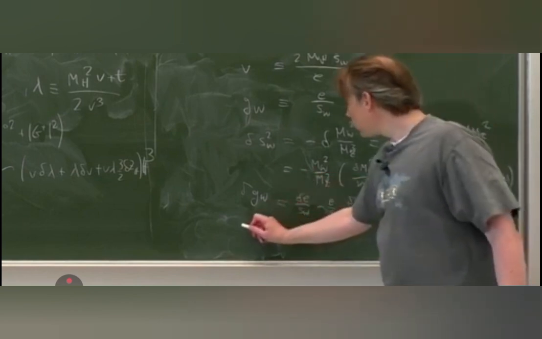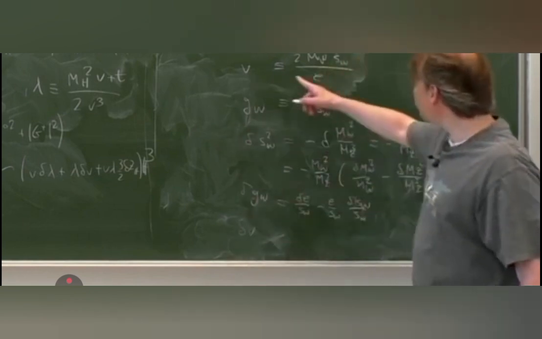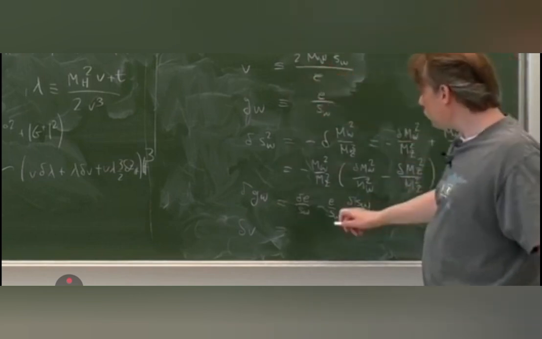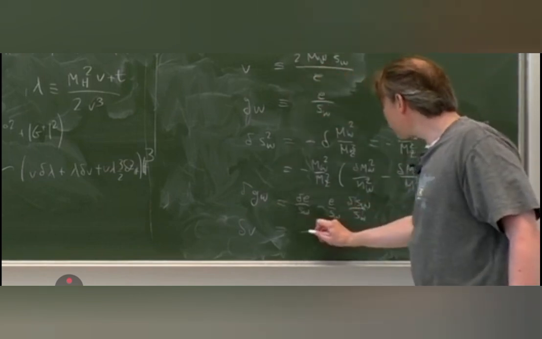And last, let's also record delta V. So delta V is the differential of this fraction, and that is simply, let's say, V itself, which is that.